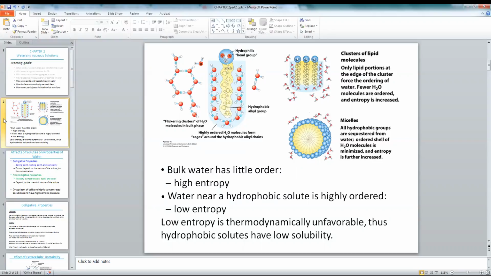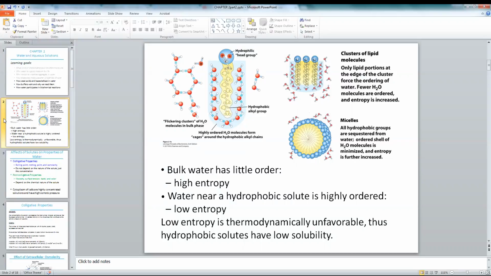It's important to note that depending upon the type of non-polar molecule, say a cluster of lipid molecules, it's really the edges of that cluster that force the ordering of the water. In between those two nonpolar molecules, that area is still going to be very hydrophobic. Whereas if we look at a micelle, all of the hydrophobic groups are sequestered from the ordered shell of water molecules outside of it.